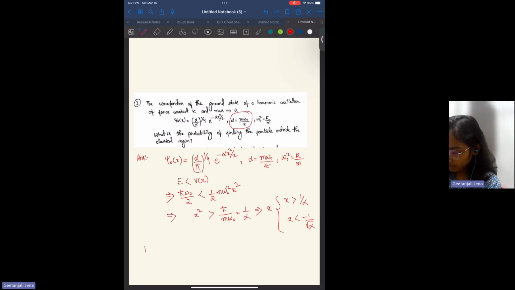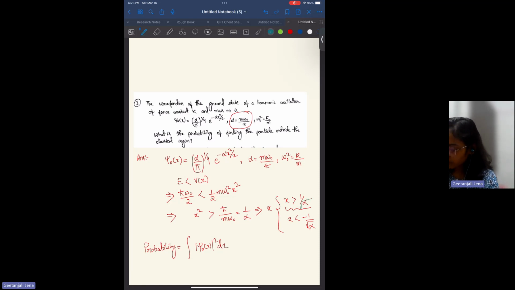To find the probability, use the postulates of quantum mechanics. Probability will be the integral of psi 0 square dx, right, for 1D. And the limits will be the non-classical region. Here there are two limits. One is greater than 1 by root over of alpha. The other one is less than minus 1 by root over of alpha.